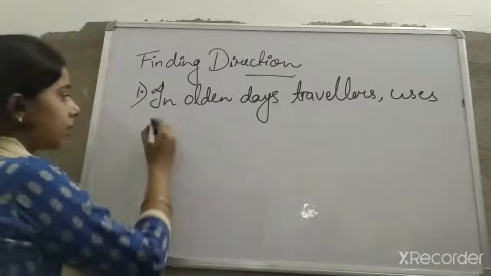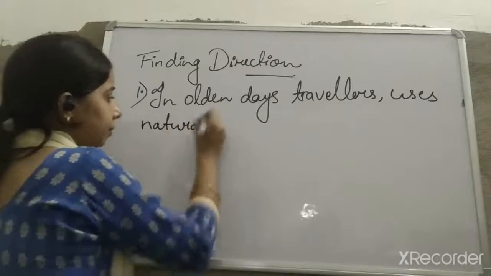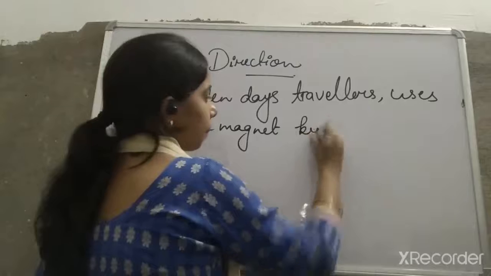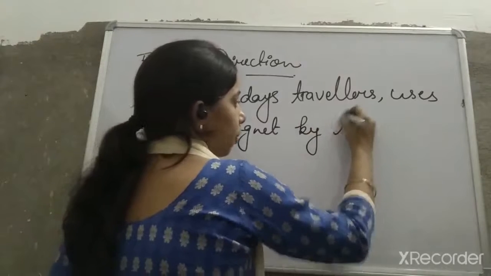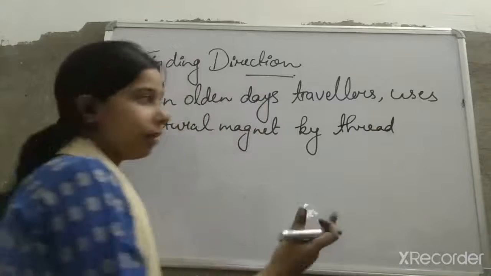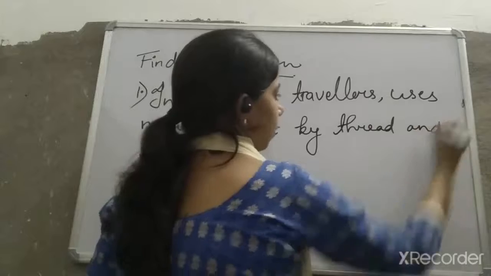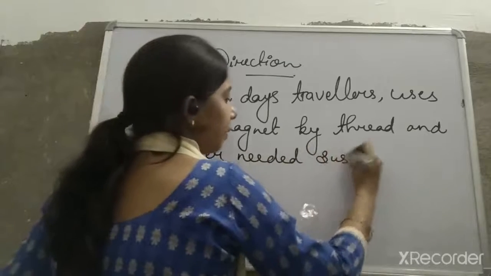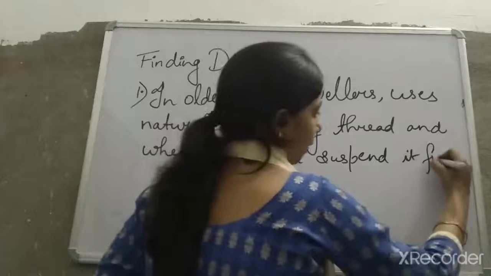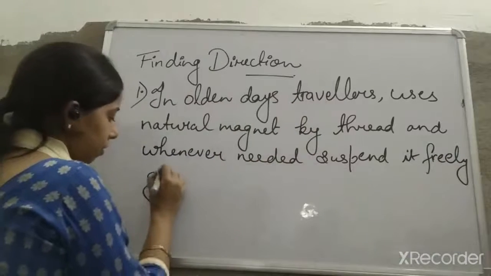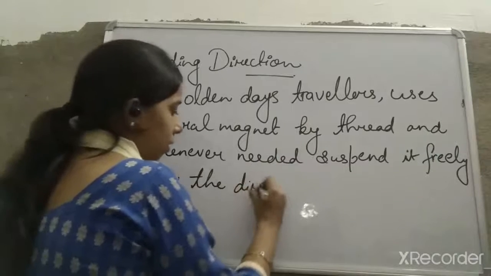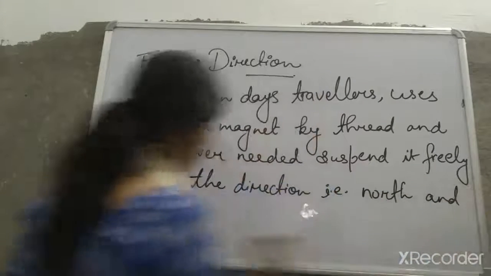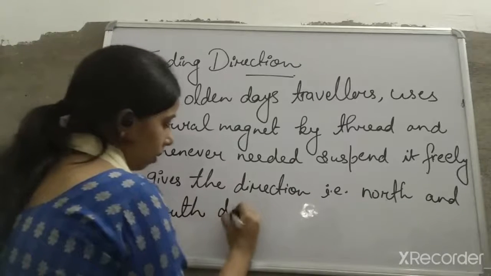Okay, so they used the natural magnet by tying it with the thread, and whenever needed, suspend it freely, it gives the direction, that is north and south direction.